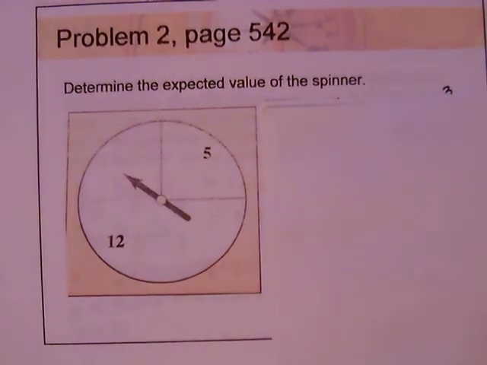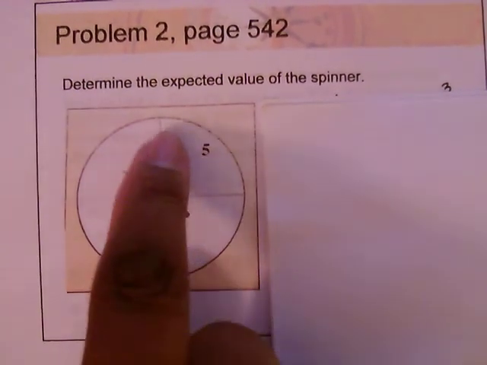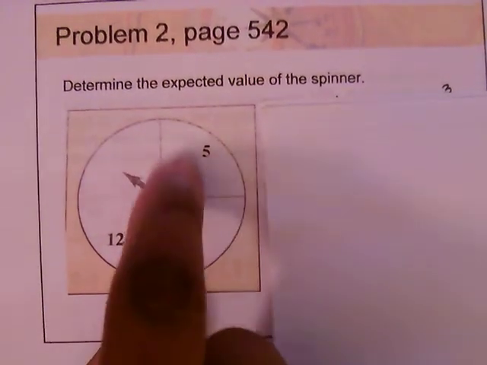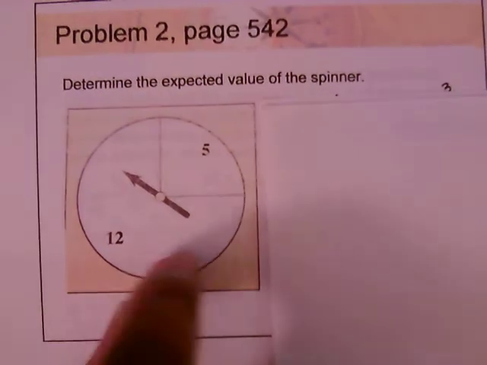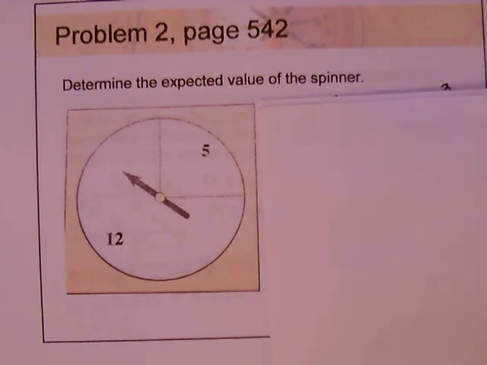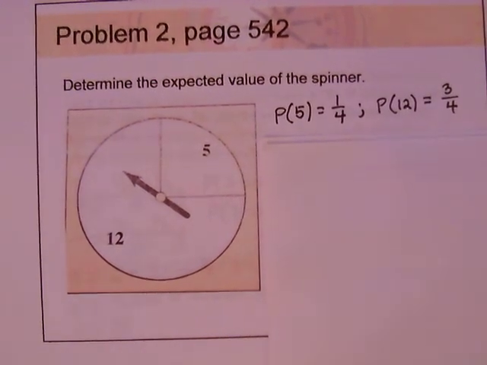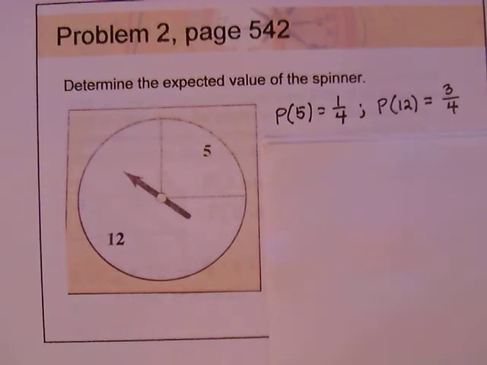Notice here that the 5, this space is about 25% or 1/4. The rest is for the 12. That represents 3/4 of the circle. So the probability of obtaining a 5 would be 1/4, and the probability of obtaining a 12 will be 3/4.